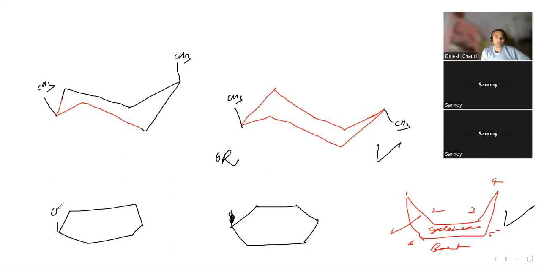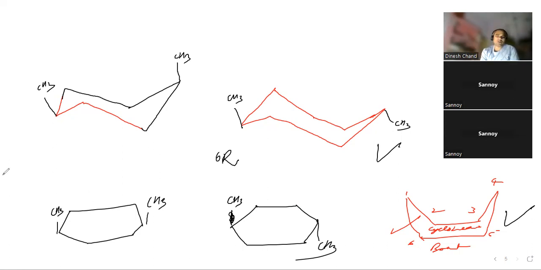Otherwise, here, let me know which you think is cis and which is trans. Sir, the first one is cis and the second one is trans. So the first one is cis and the second one is trans. This I am removing.